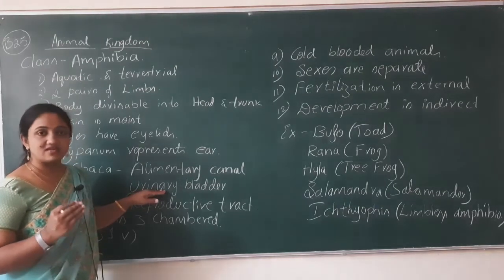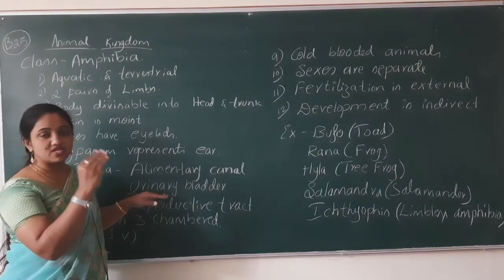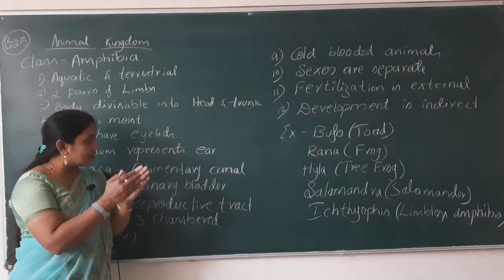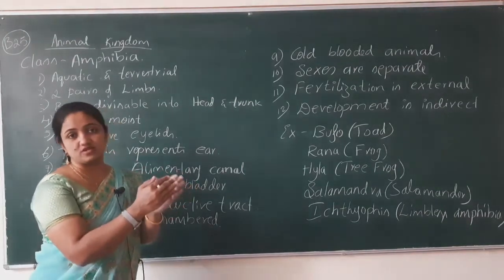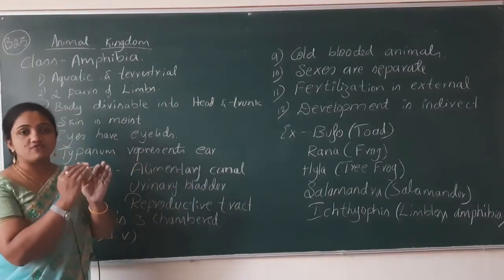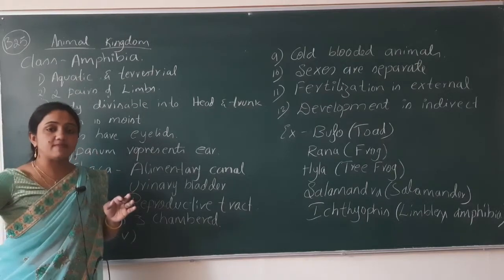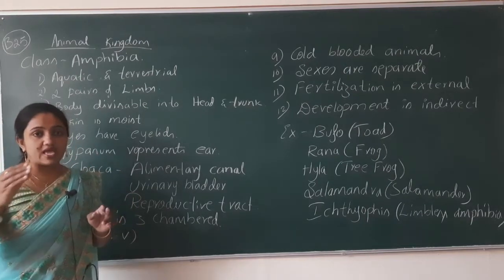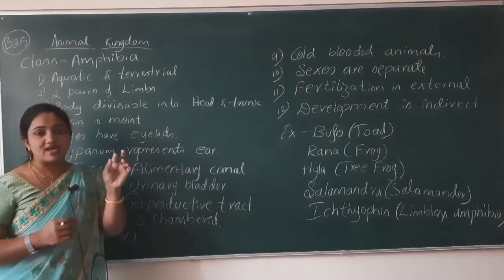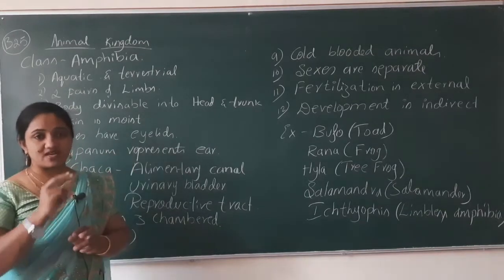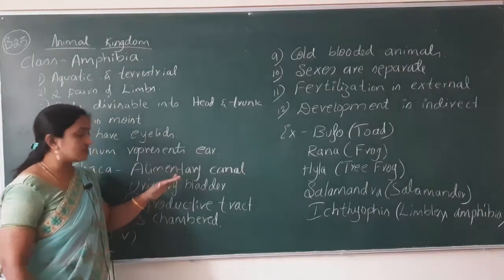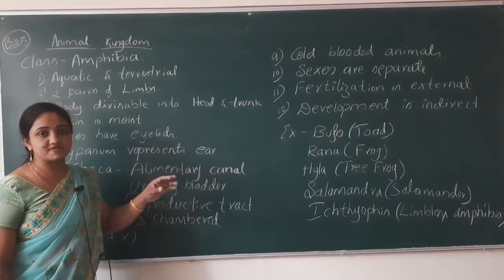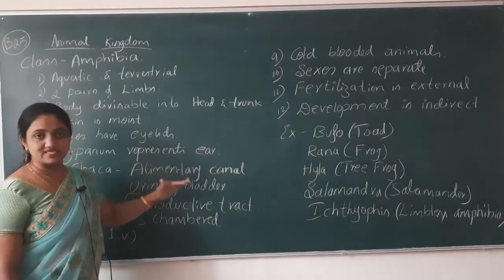Urinary bladder is for the passage of urine. If the urine wants to pass from the body and exit, it should have one aperture.